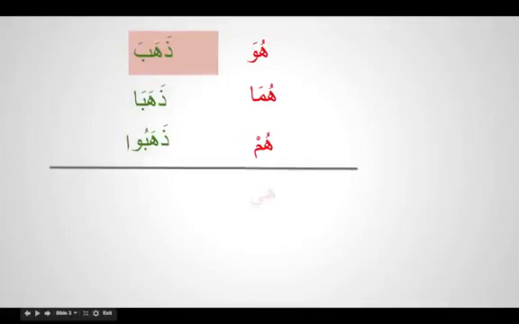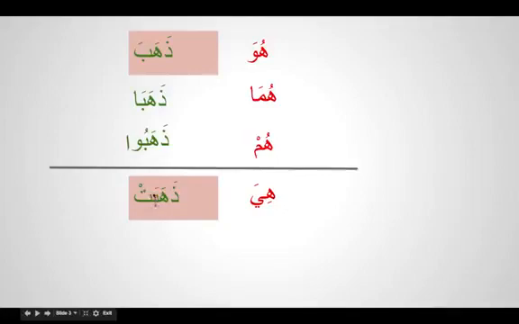Zahaba means you can actually see the sign that two people have gone. Hum zahabu, the waw tells us that all those men have left, and the sign is waw, and the sound is u, zahabu, and this alif is the writing rule. And hiya, zahabat. This is also a pure verb form.